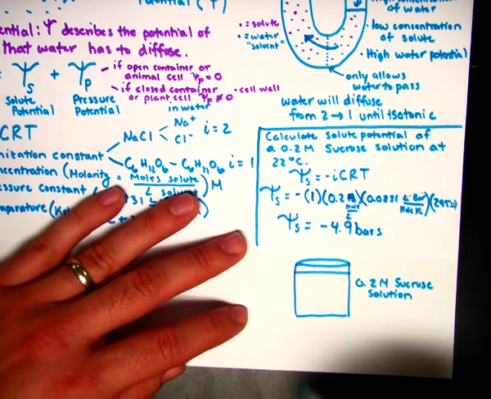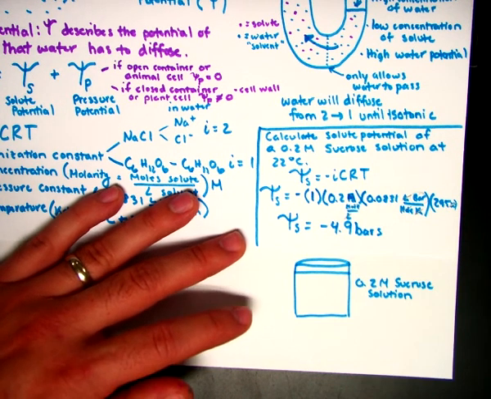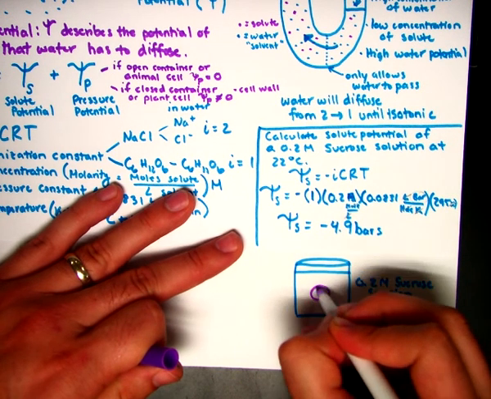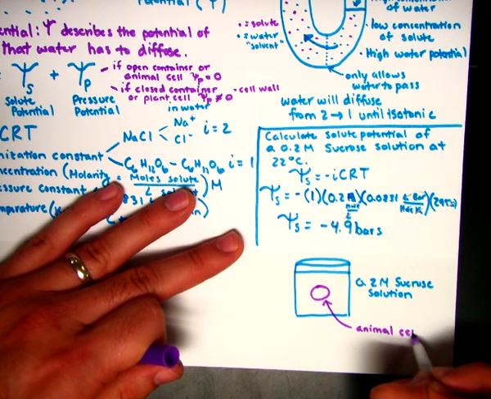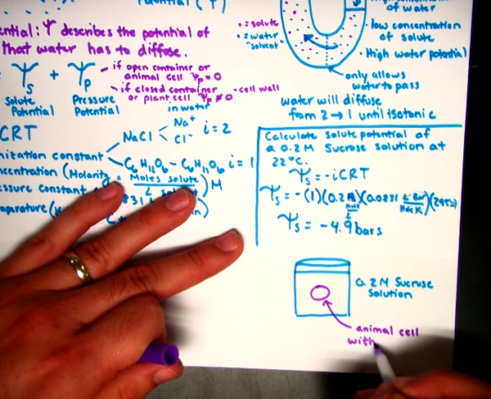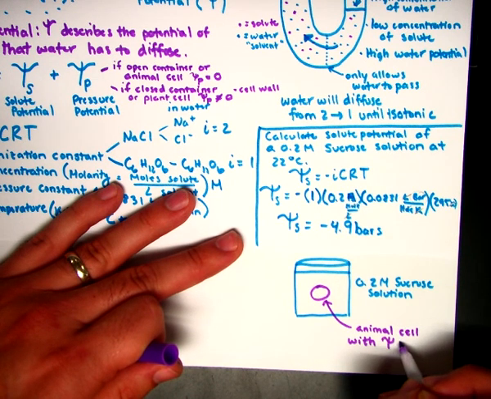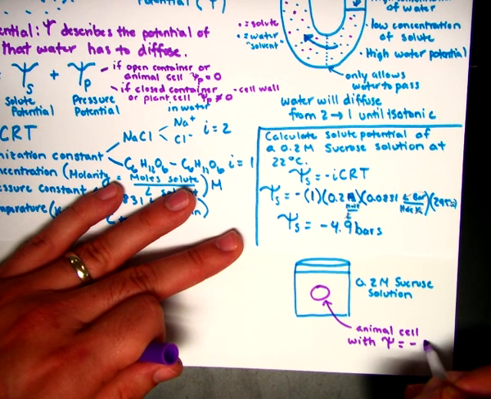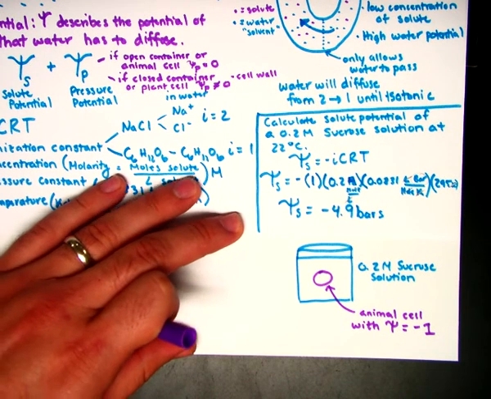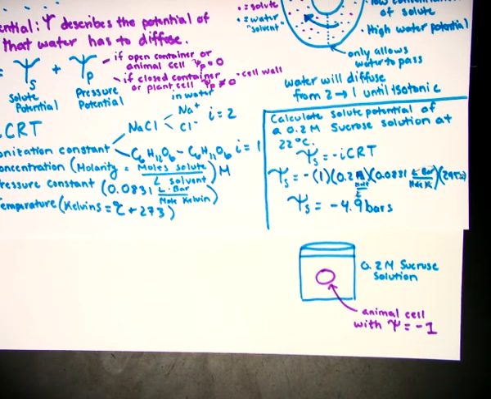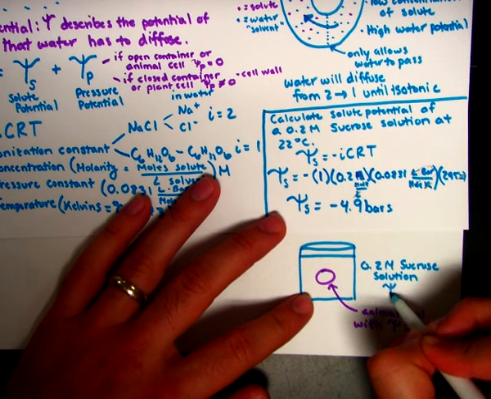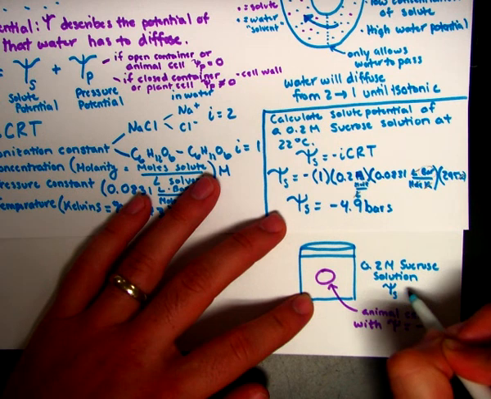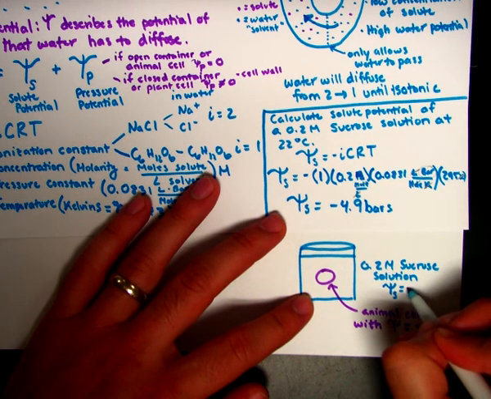And inside this, let's say you have an animal cell with a psi equal to negative 1. Okay. So imagine you have an animal cell inside of this sucrose solution, which we know has a psi s equal to negative 4.9 bars.